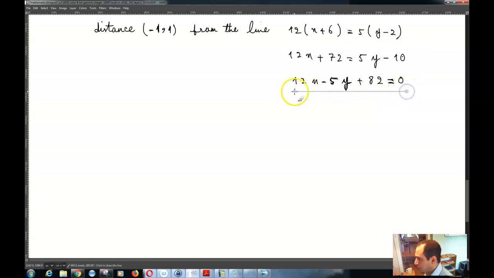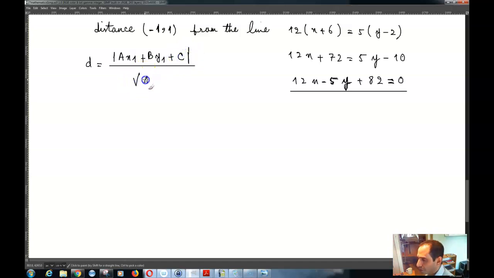So this equation of the line is in general form. I'm sorry, I made a mistake. I'm going to use the distance formula that we have for a line and a point, which is d is equal to the absolute value of ax1 plus b times y1 plus c over the square root of a squared plus b squared.